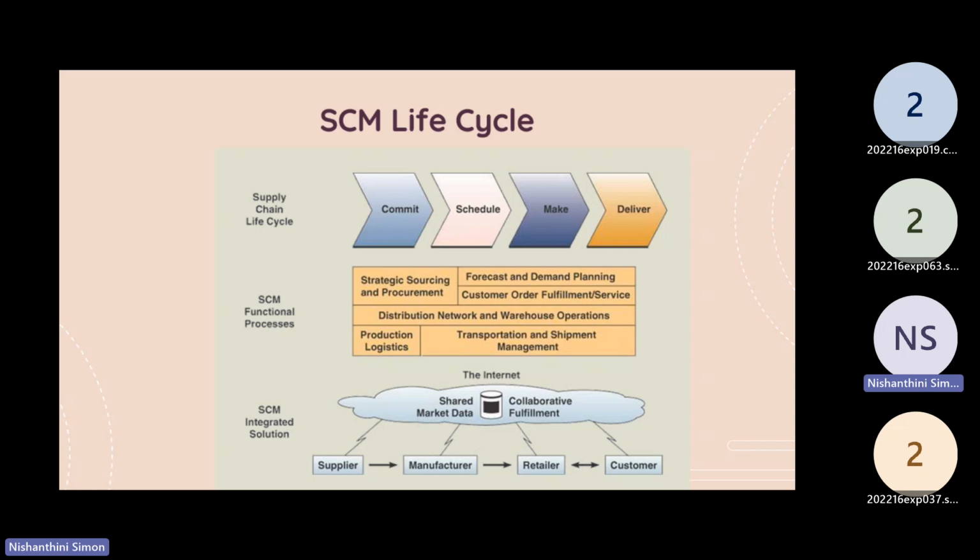So we will be able to run these warehouse operations too, and the production logistics, and when we go to the delivering part, the shipments or scheduling the shipments and then managing those things, the status sharing. Those also we will be able to run.